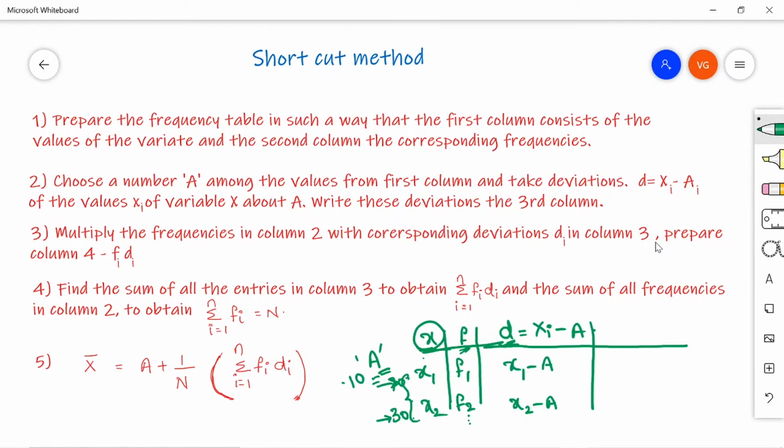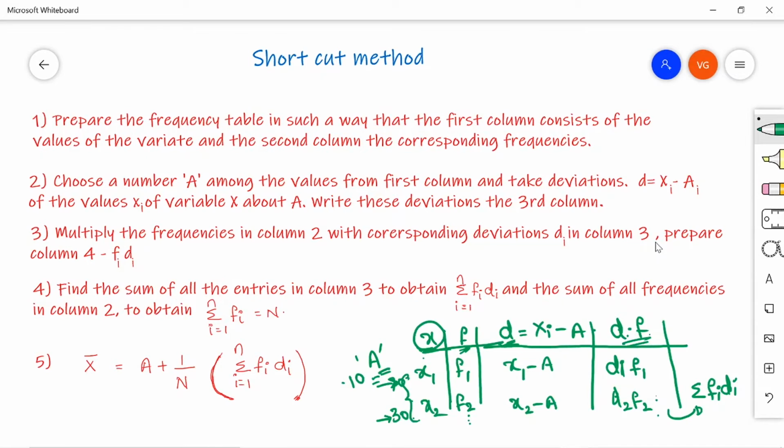So the fourth column indicates d multiplied by f, that is di fi. d1 f1, d2 f2, like this, right? Then find the sum of all the entries in this fourth column, that is sigma fi di.